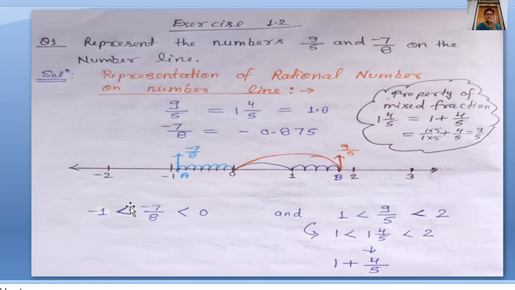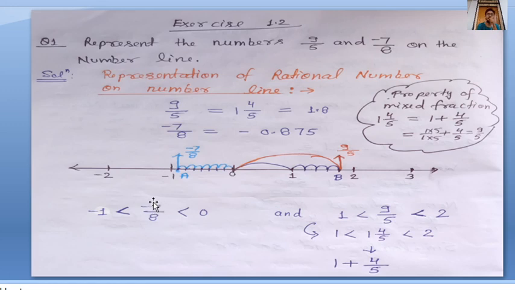Very easy. See, this minus 7 by 8 is written here with a denominator. In fractions, you have read it very well. Anything is divided into a total number of parts, that will be written here. So 8 represents a thing divided into how many equal parts? 8 parts. So we will divide this minus 1 and 0 into 8 equal parts.